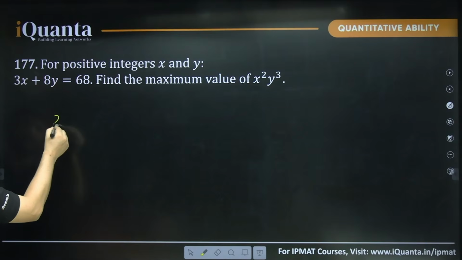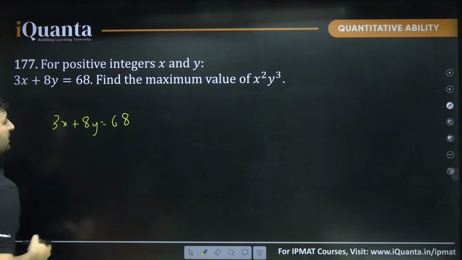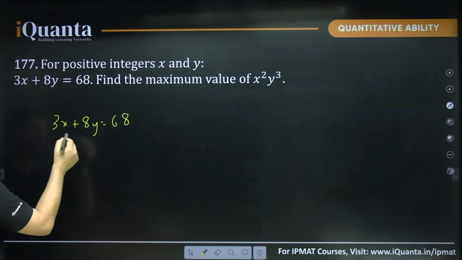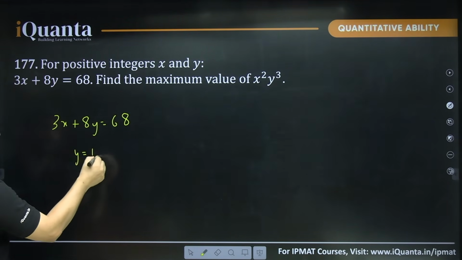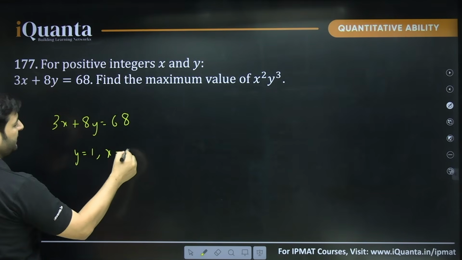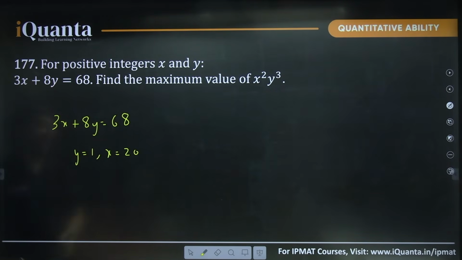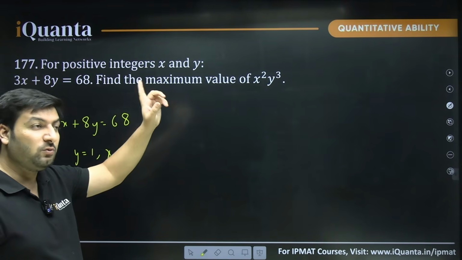Here it only talks about positive integers. That means first I have to find out positive integer solutions of this particular equation. Can you just find out the positive integer solutions? Suppose y is 1 because minimum positive integer is 1, then x will be 20, right? I have explained this a lot of times in the few questions that we were doing in the beginning.